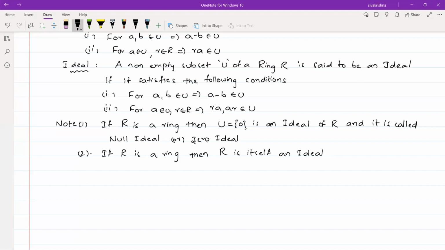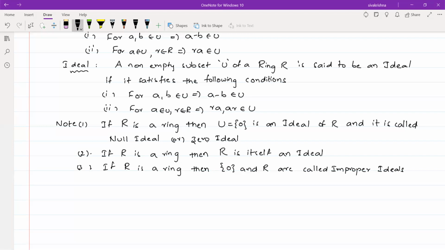Okay, that is note 3. So note 3, if capital R is a ring, then the single term set 0 and capital R are called improper ideals. So we call the ideals single term set 0 and full set capital R improper ideals. And if any other ideals exist for the ring capital R, we call those ideals proper ideals.